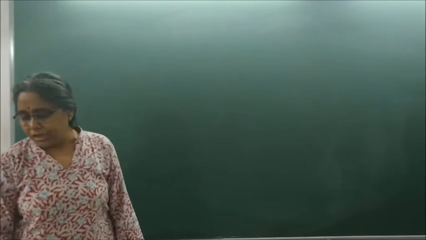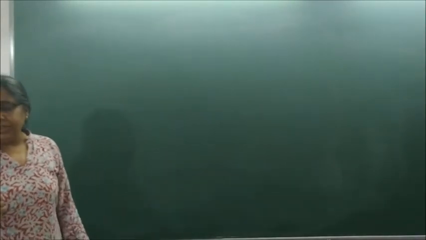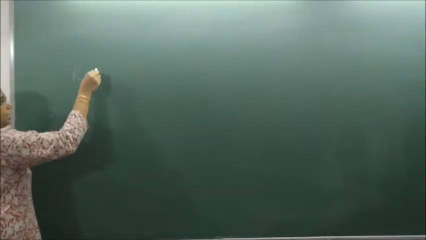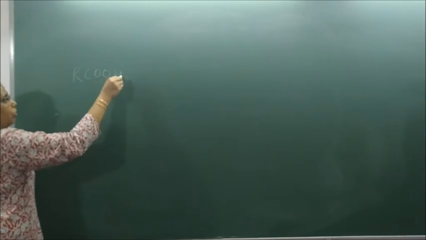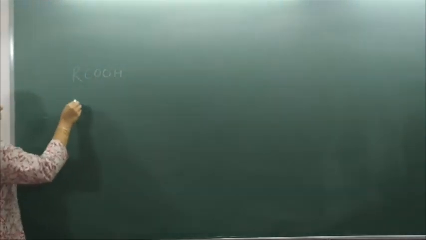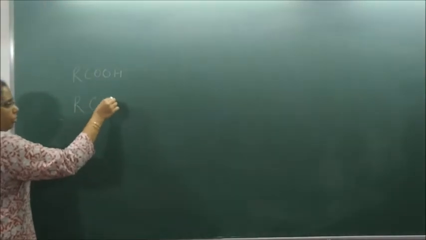So, you should first know what these functional groups are. Carboxylic acid is RCOOH. Acid chloride means RCOX, where X can be Cl, Br, I. Examples are CH3COCl, HCOCl, C2H5COCl.